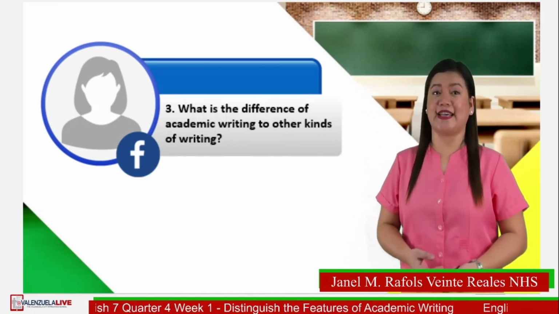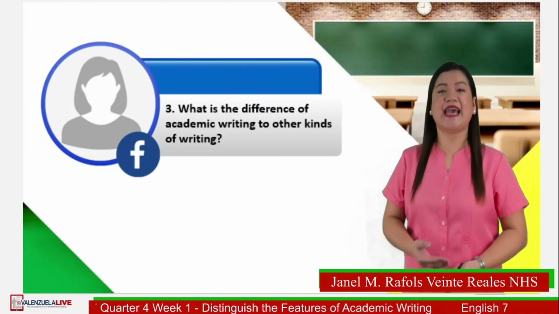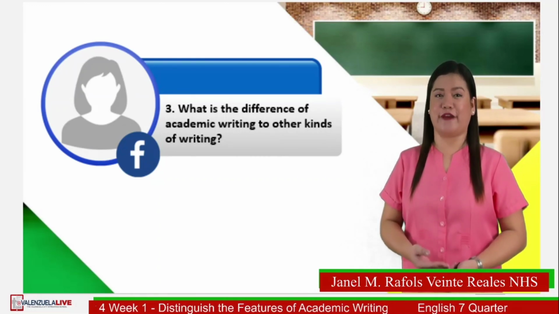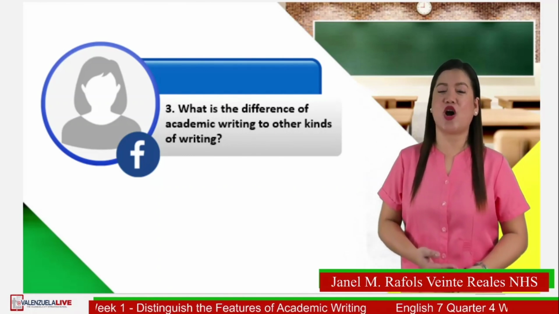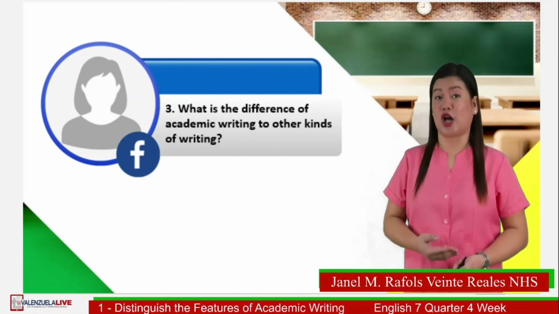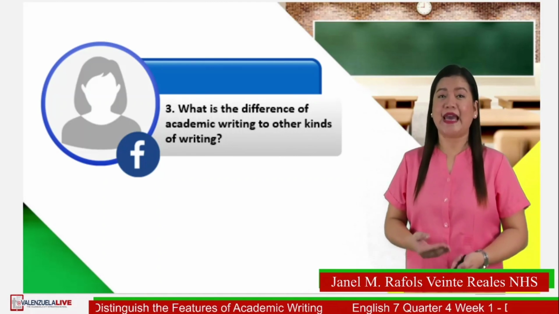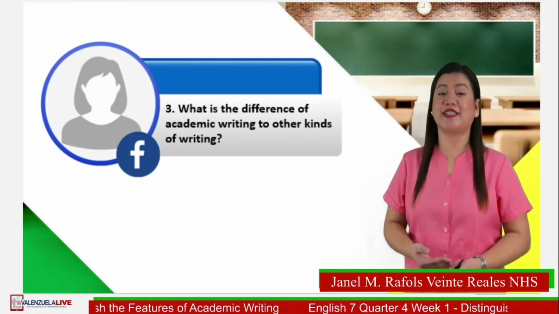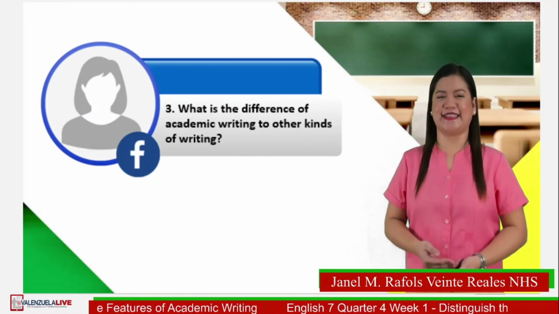Another difference is that you do research and seek to prove a point within the academic. It focuses on a specific academic subject or topic. Its purpose is to inform the readers with solid evidence.